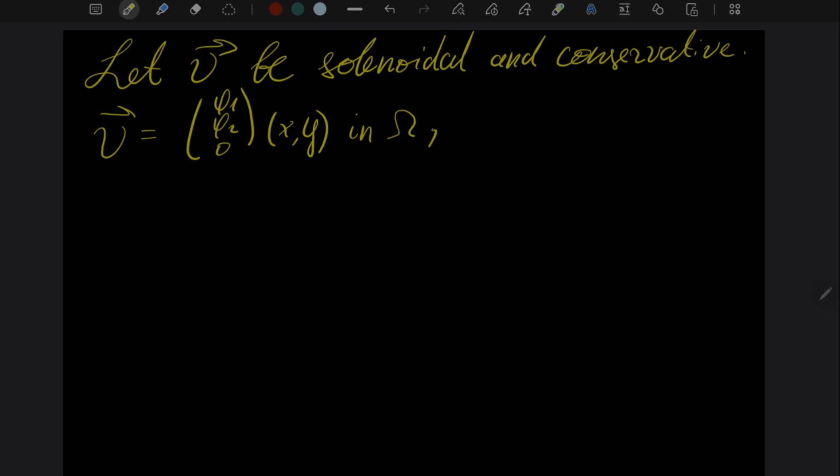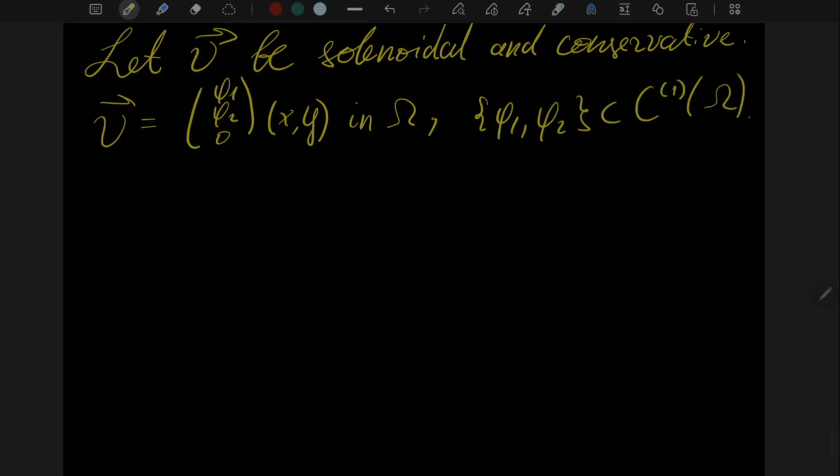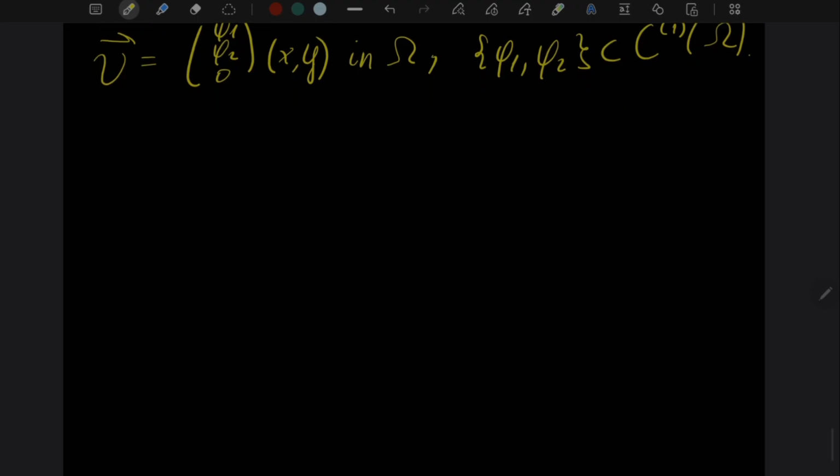And of course they are continuously differentiable. Another fact that we need to assume is that the value of v is not equal to 0 in omega.